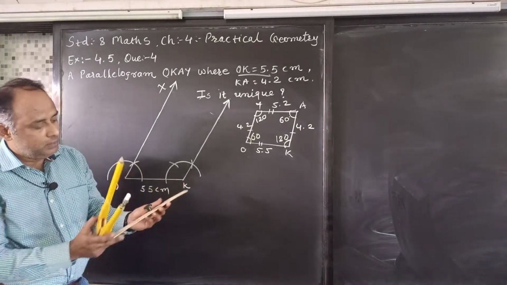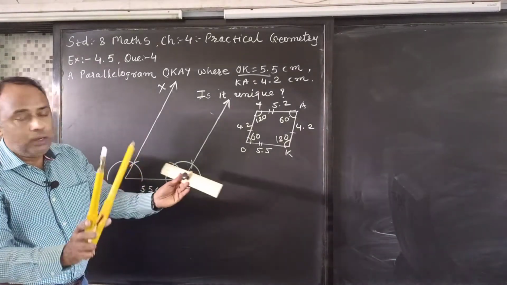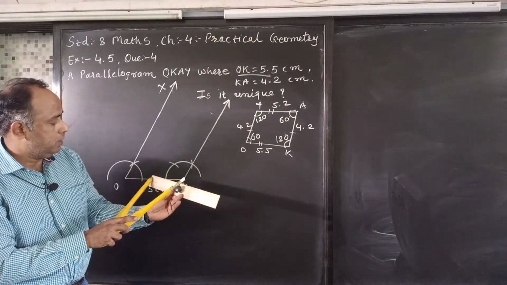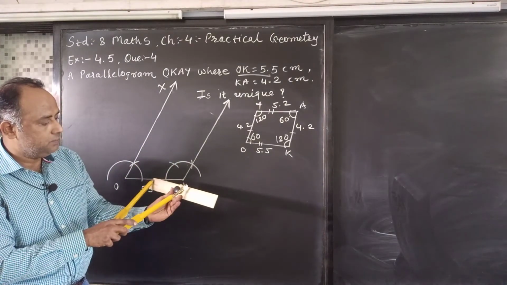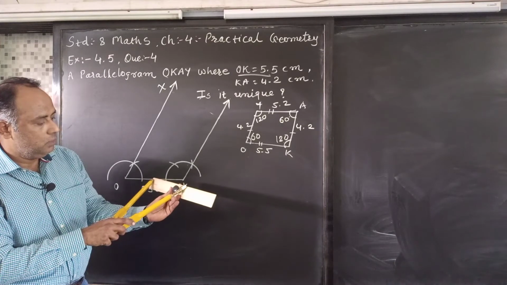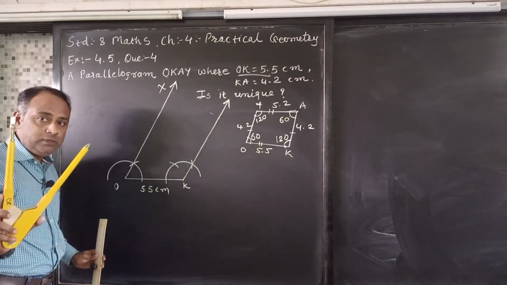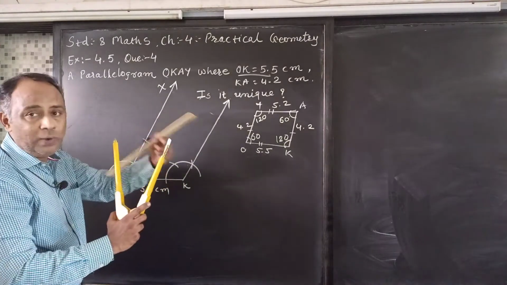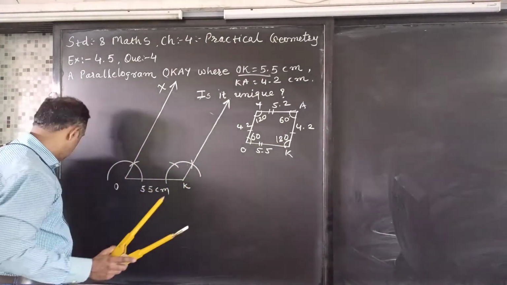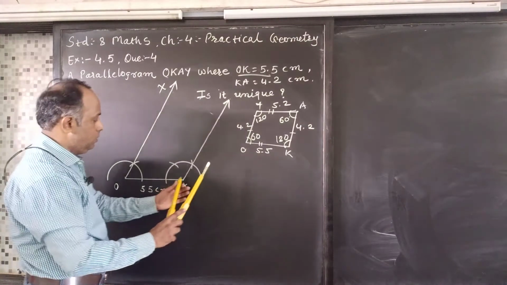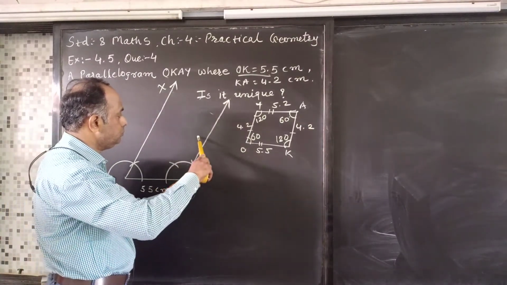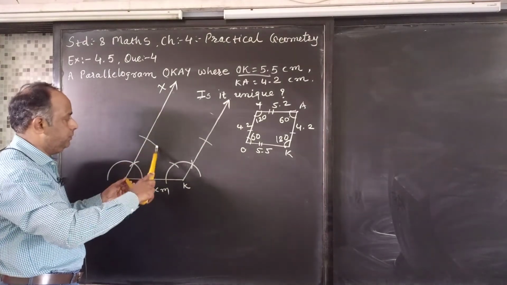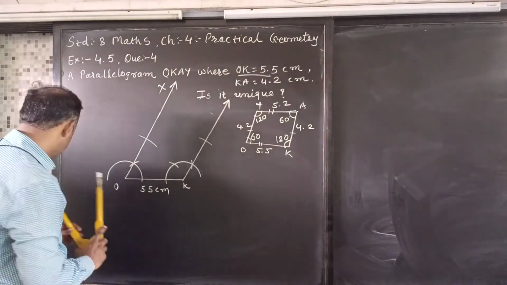I'll open this compass a little bit more, and then I'll try to set it like this. Okay, so I have fixed the radius. I measured it with the help of scale. It has been widened, and now I'm going to place the pointer part at K and at O one after the other. So this has been done so far.